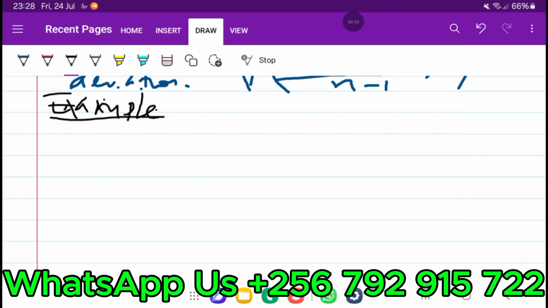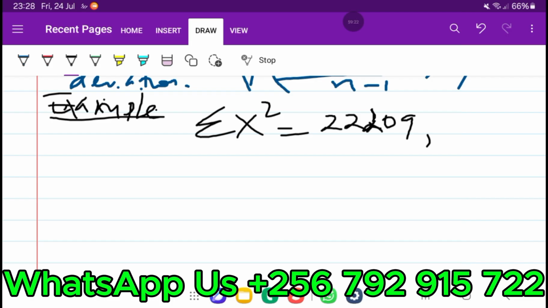We have gotten summation x squared. We got that as 3,209, and we also got summation x as 325. So we just substitute into the formula.